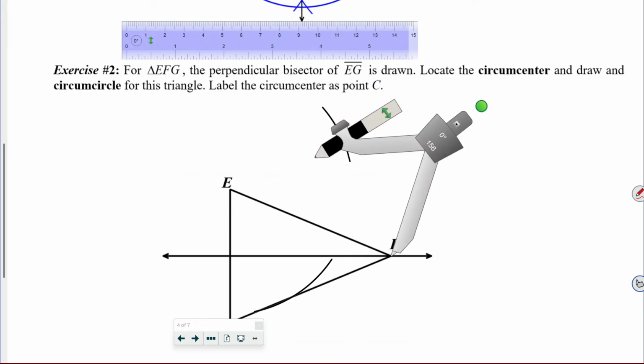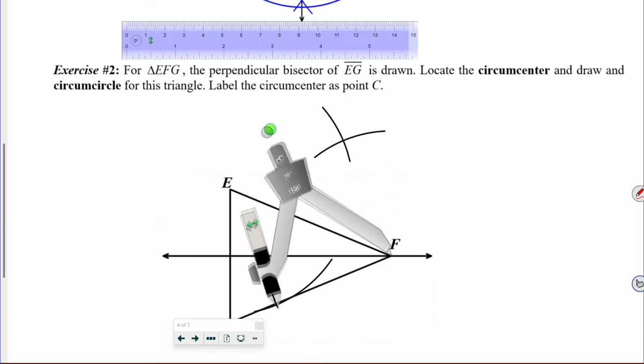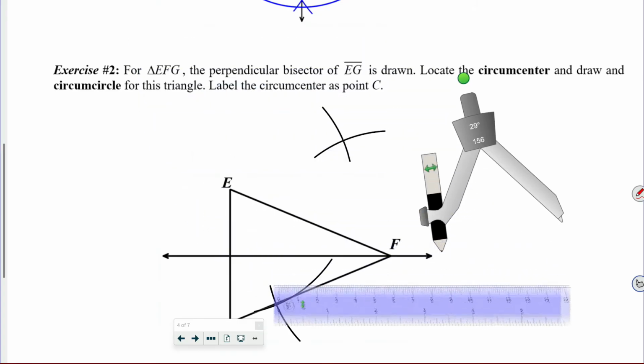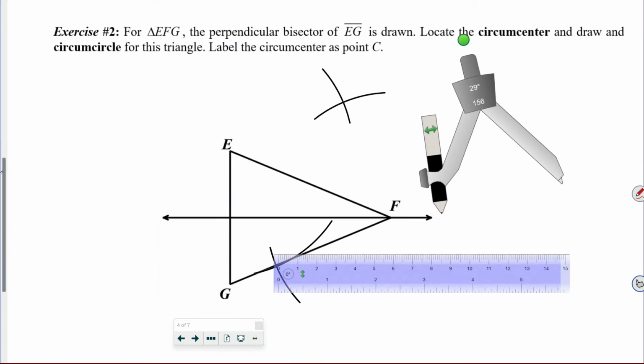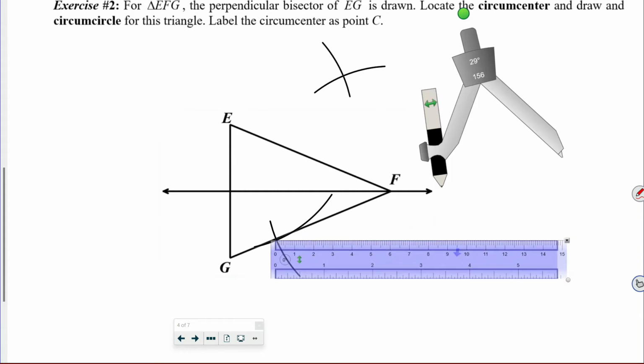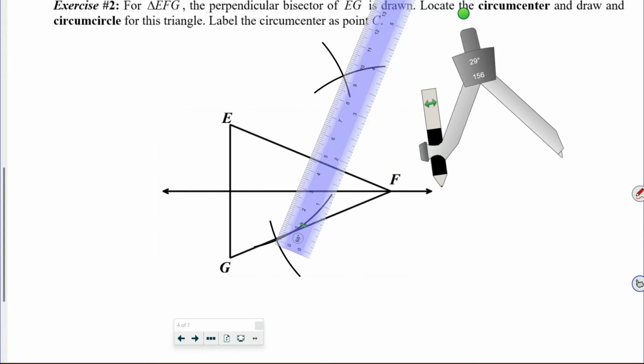All right. So we just do that perpendicular bisector construction. X marks the spot, so I can now connect the 2 intersections with a line or a line segment. Okay, excellent.